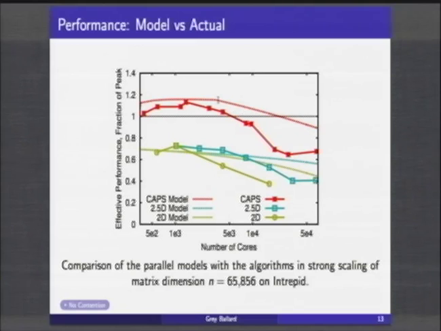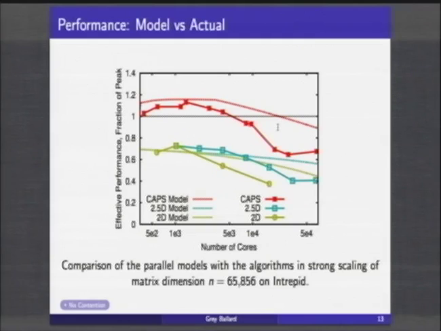And because communication costs don't perfectly strong scale, performance has to degrade somewhat. So we're pretty close on this end. There's a bit of a gap between theory and practice on this end for high processor counts. This is due mostly to network contention, which our algorithm doesn't really optimize for, and our theoretical model doesn't account for. So there's room for improvement, especially at the right end of the plot.